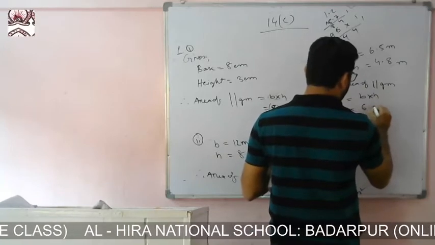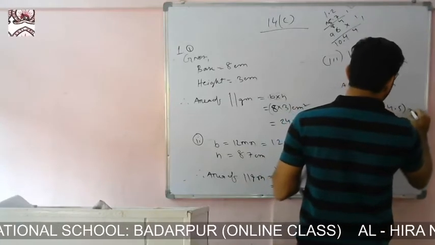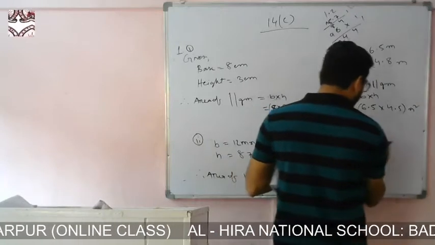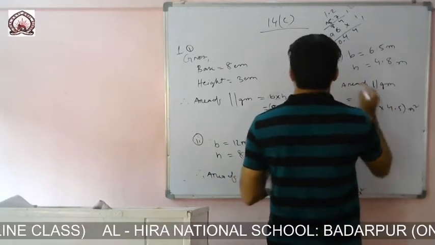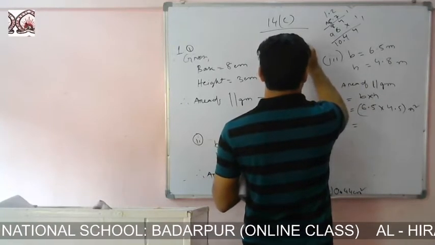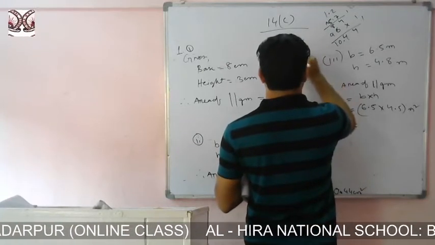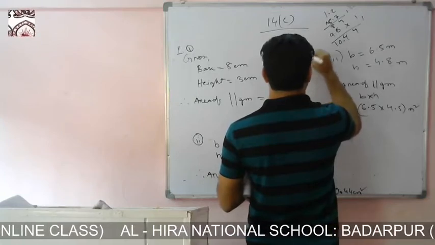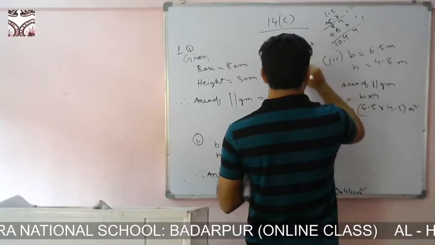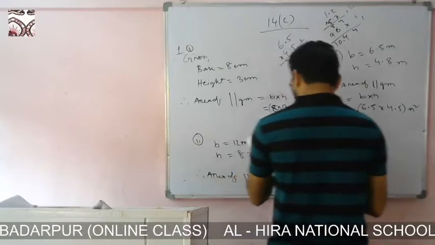That means 6.5 into 4.8 meter square. Now you see it will be like this. If you multiply 6.5 and 4.8, there are 2 decimals after the point.